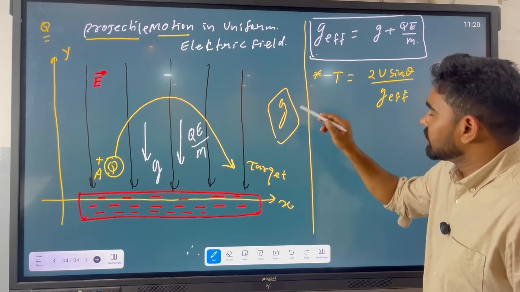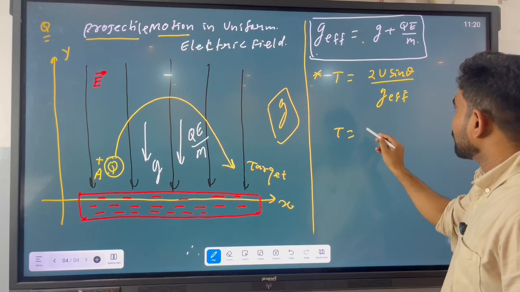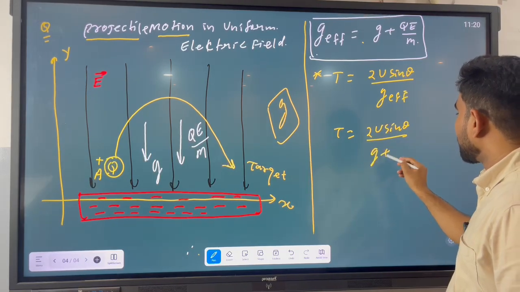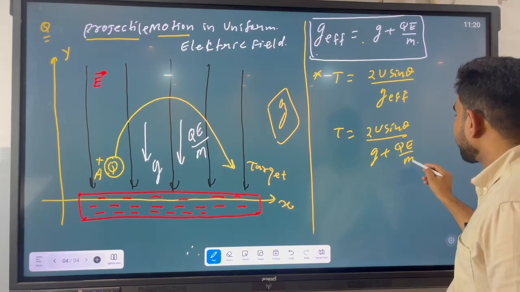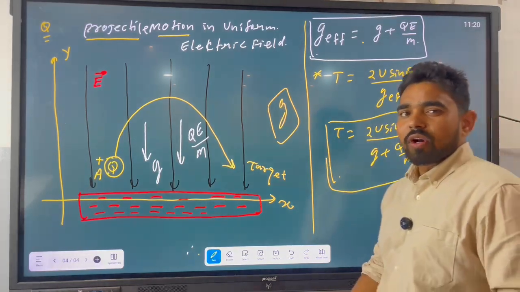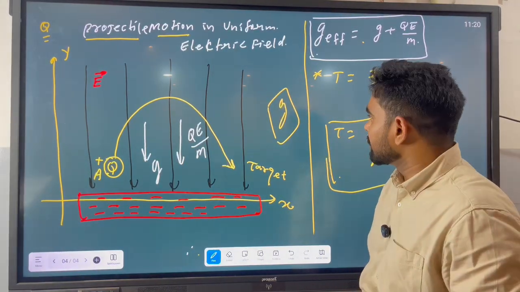Putting in the value of g effective, t equals 2u sin theta divided by g plus QE divided by m.